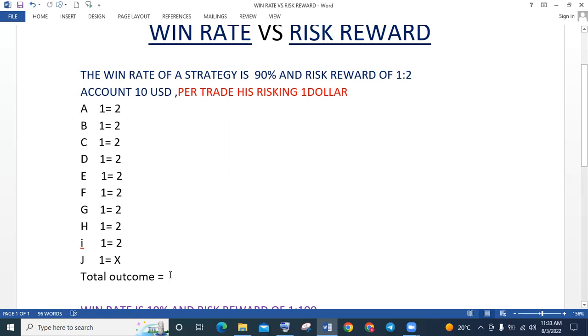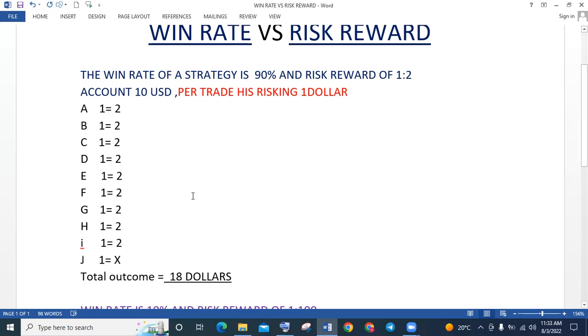So the total outcome is going to be $18. That would be the total outcome of the returns after he wins. When he takes 10 trades in a $10 account, the returns he's going to have is $18.